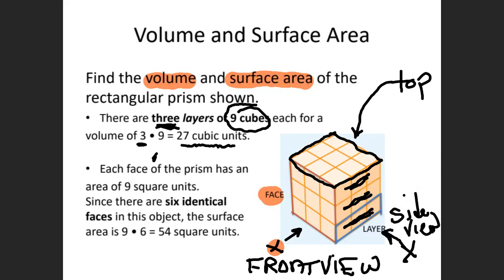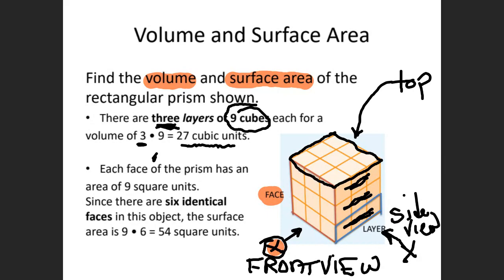Now, we also want to find surface area. A little bit different. We're still going to the top. We have 9 boxes showing. But if you look at the front view, that means we're standing right here and we're looking toward the face right in front of us. We have 9 boxes.